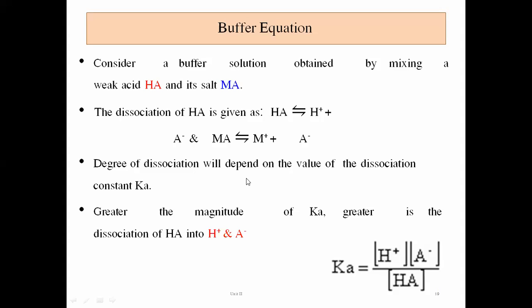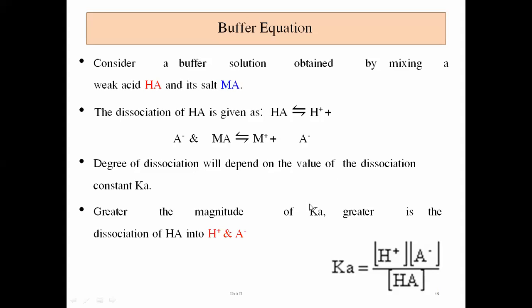Now, the degree of dissociation depends upon the value of the dissociation constant Ka. The greater the magnitude of the acid constant Ka, the greater its dissociation.